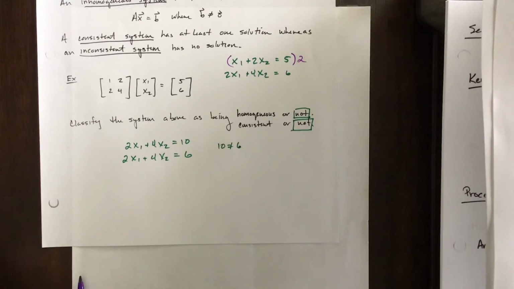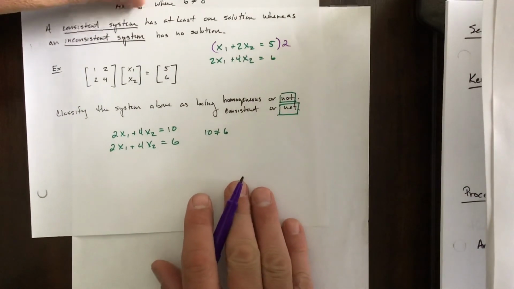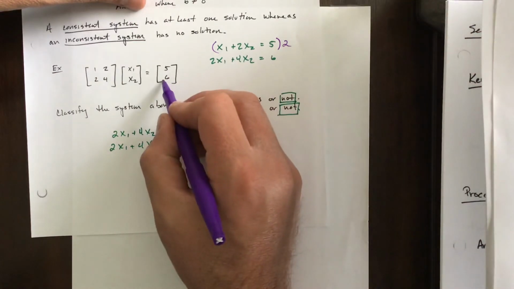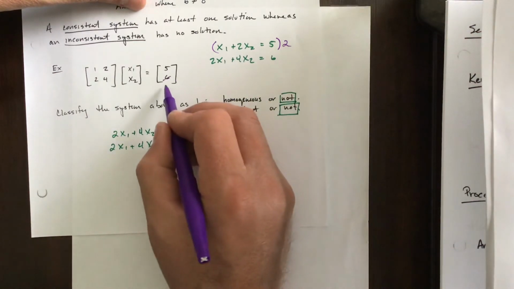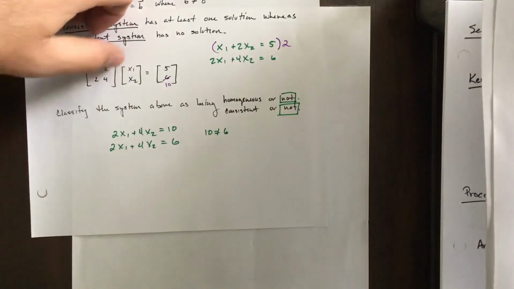Now, what would it take for this system to be consistent? Well, it would have to have at least one solution. So there's different ways of having at least one solution. Consider the following. What would happen if we replaced 6 with the number 10? We'd have [1, 2; 2, 4] times [x1; x2].